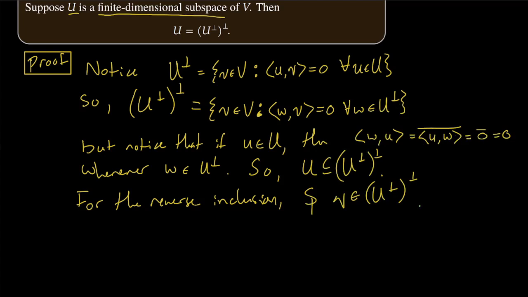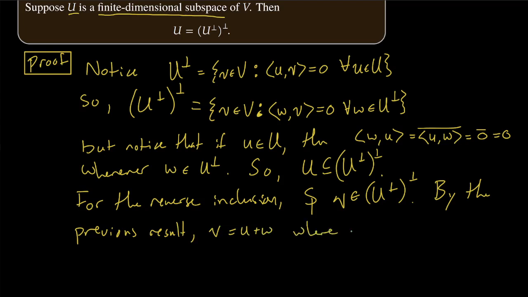By the previous result, v is equal to some u plus some w, where u is in U and w is in U perp.